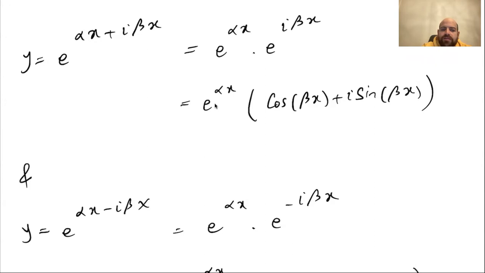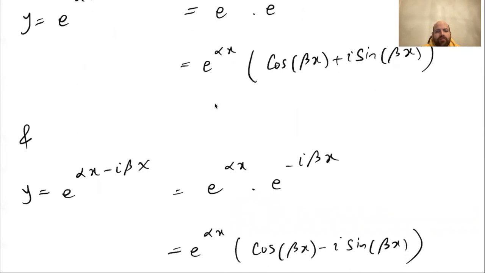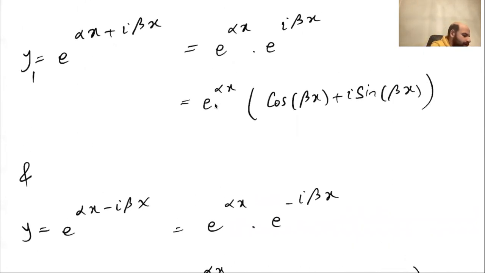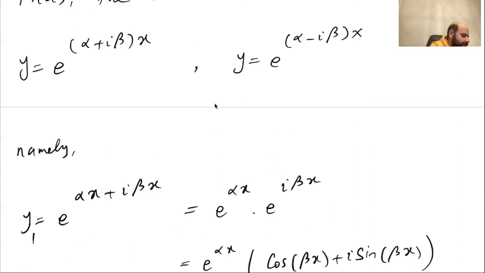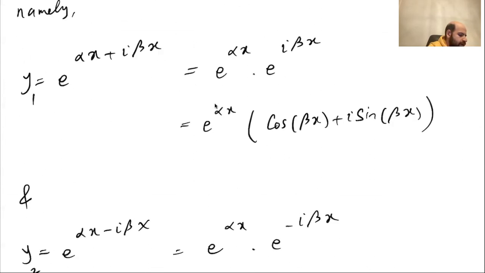So we want to write our solutions. We still want our solutions to be linearly independent. We also want them to be real valued. So how can we do that? Let's say I call this one y1 and this one y2.